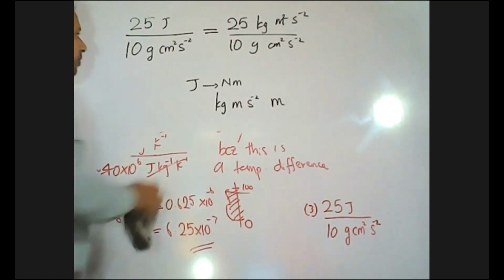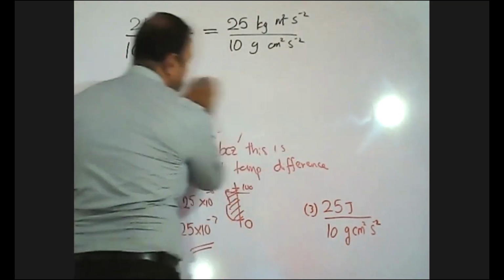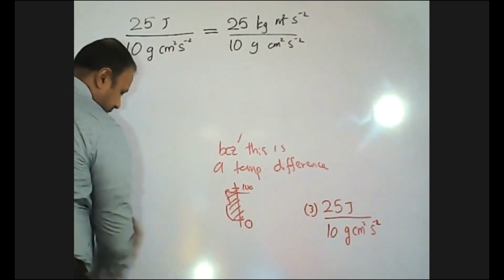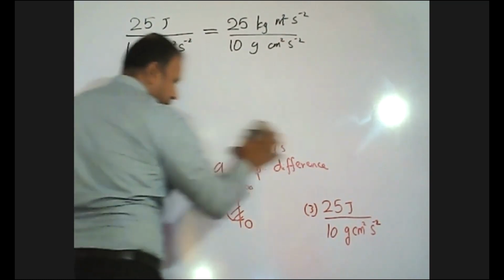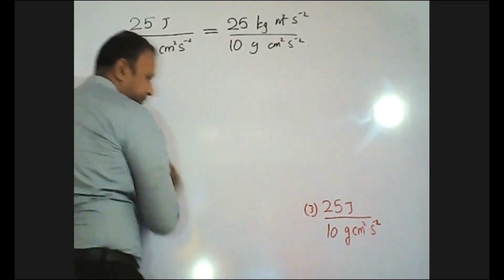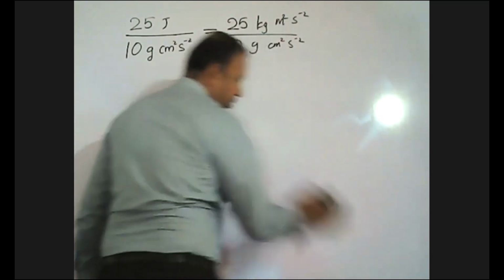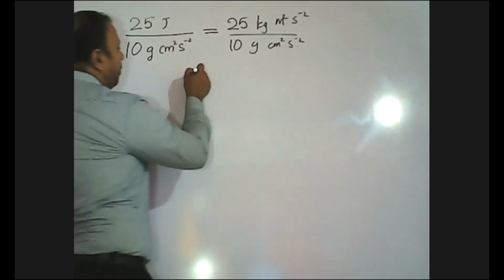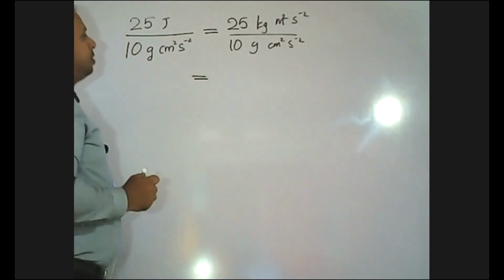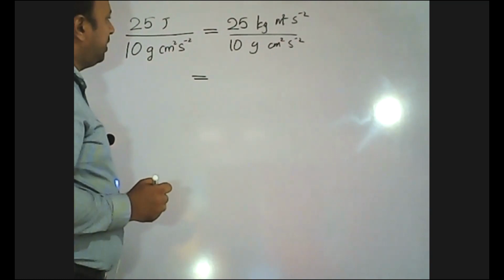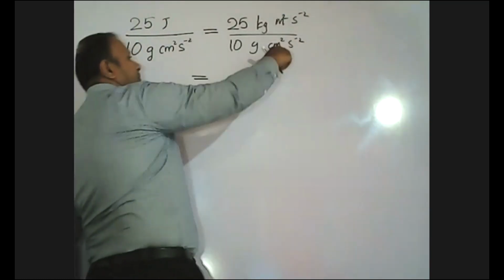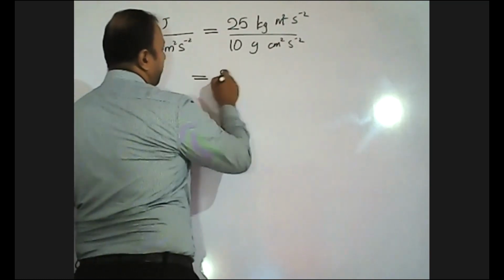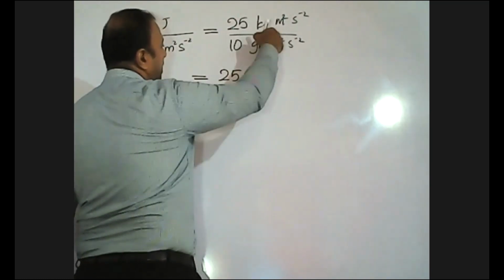Now I have to convert one unit into another to take the ratio. So I can convert this one into this one. 25 kilogram into gram.